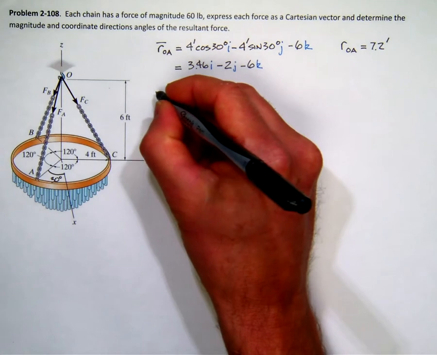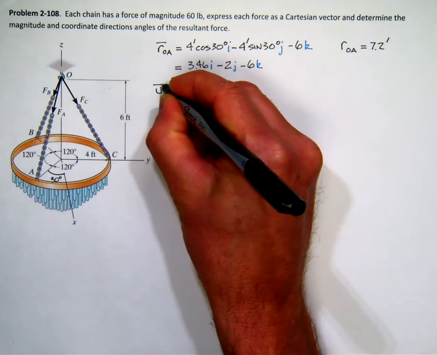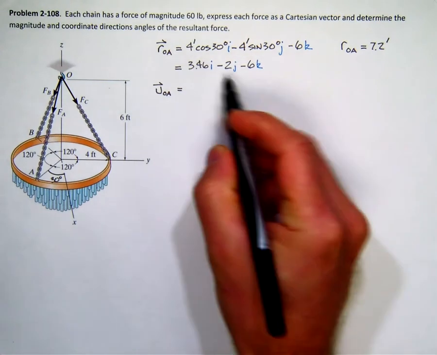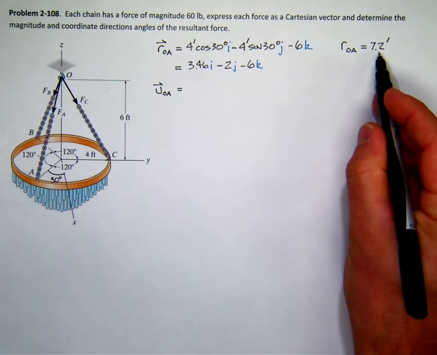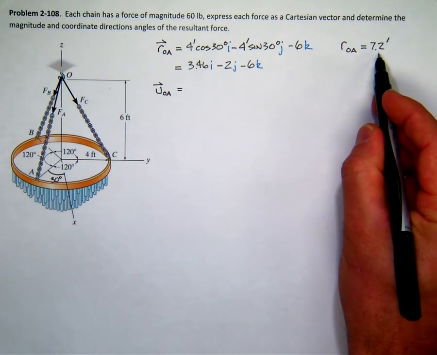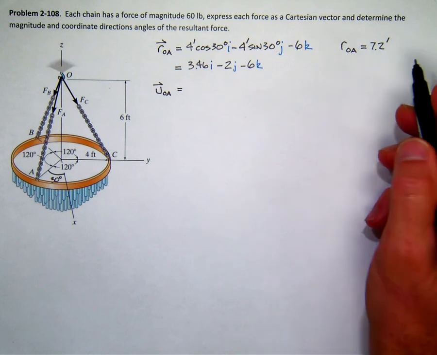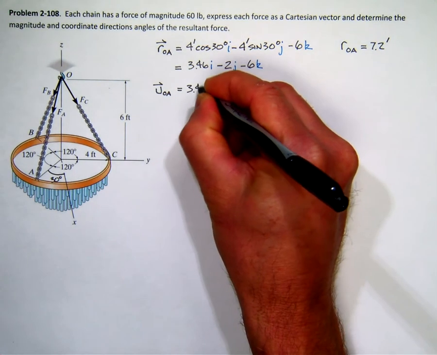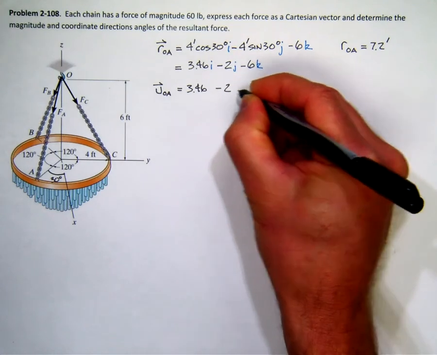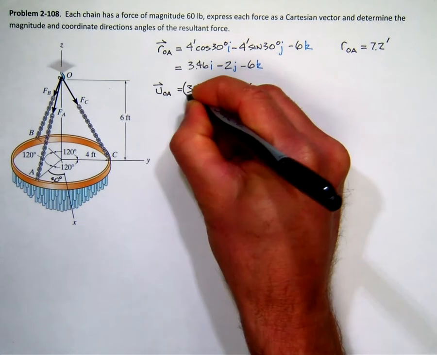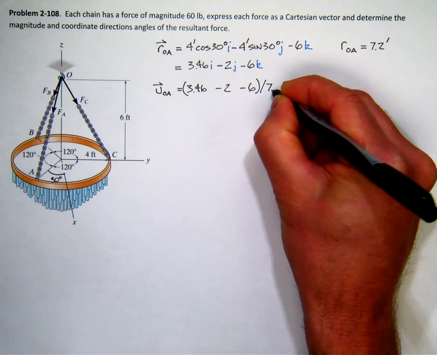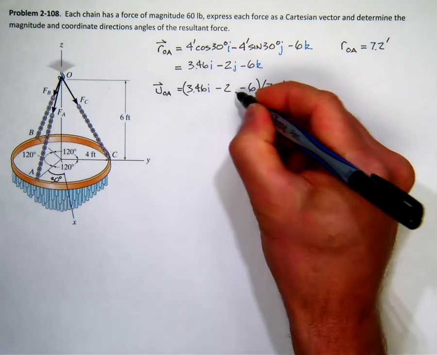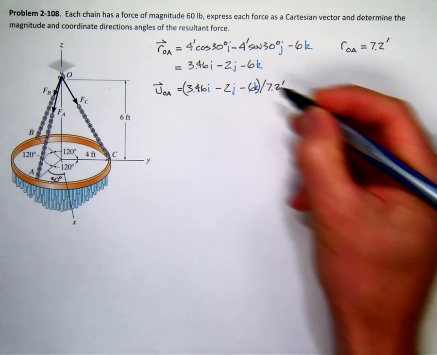So I guess I can go ahead and calculate my unit vector from OA, right? What would it be? Position vector divided by dimension, right? I could write it this way: 3.46 minus 2 minus 6, that whole thing divided by 7.2, and this is i, j, k.